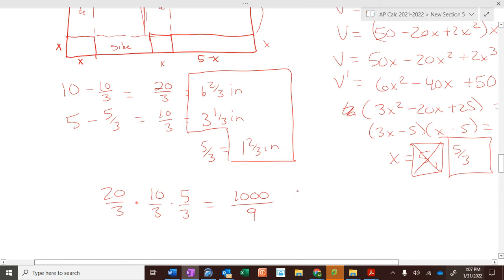You're adding. 1,000 over 27, which is what? 37.037. So I was right. 37 and so many 27ths of an inch. So that's going to be your final answer, 37 point something, or 37 and so much of a fraction.